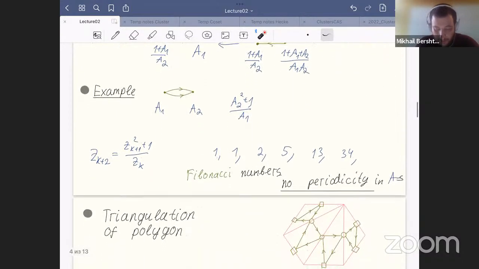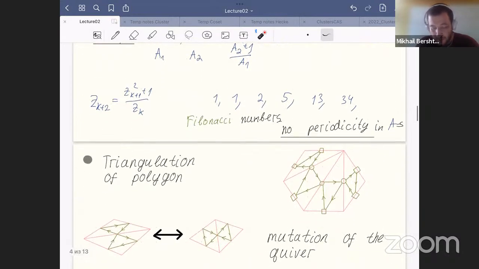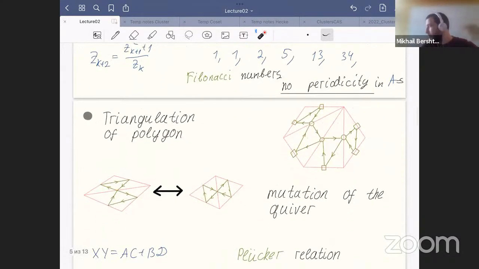Okay, now let me study a more involved example, which we discussed mostly last time. This example will be related to triangulation of the convex polygon. So we have a triangulation, and starting from this triangulation, we construct a quiver.